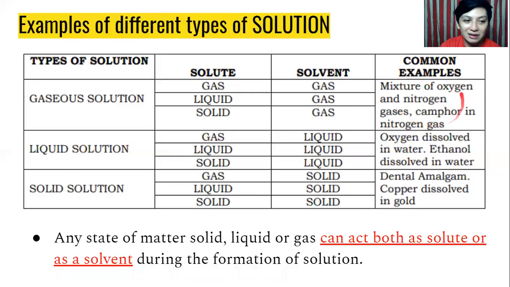So these are the examples. Next, liquid solution. Gas to liquid, liquid to liquid, solid to liquid. Then these are the examples. Oxygen dissolved in water. So kaya may nakikita kayo, di ba, may mga bula-bula sa tubig. Those are the oxygen in water. Ethanol dissolved in water. So ito yung ethyl alcohol.